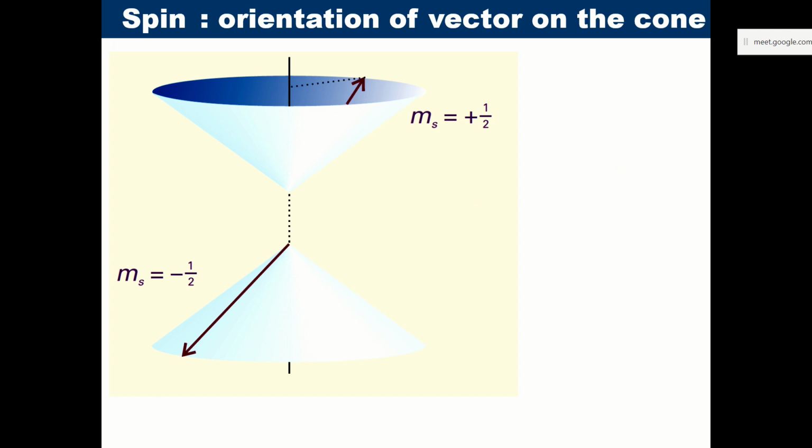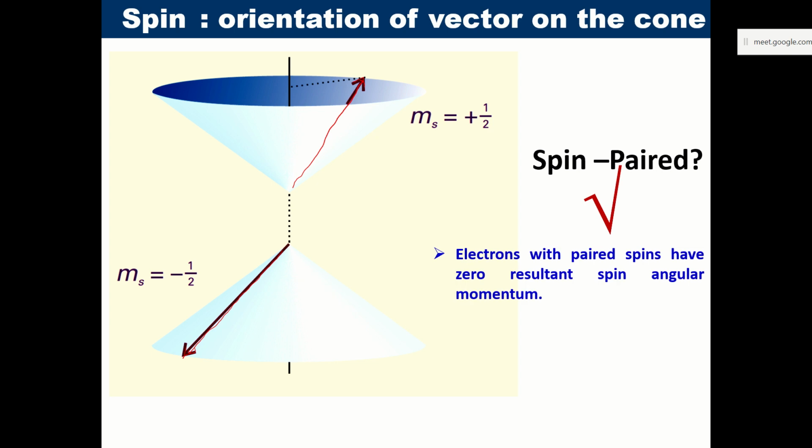But if I represent one of them on the cone, going like this, and the other electron's spin angular momentum is like this, then they are exactly cancelling out, right? The net resultant is zero. So this is the correct way of showing a spin paired system, as it happens in the helium atom.